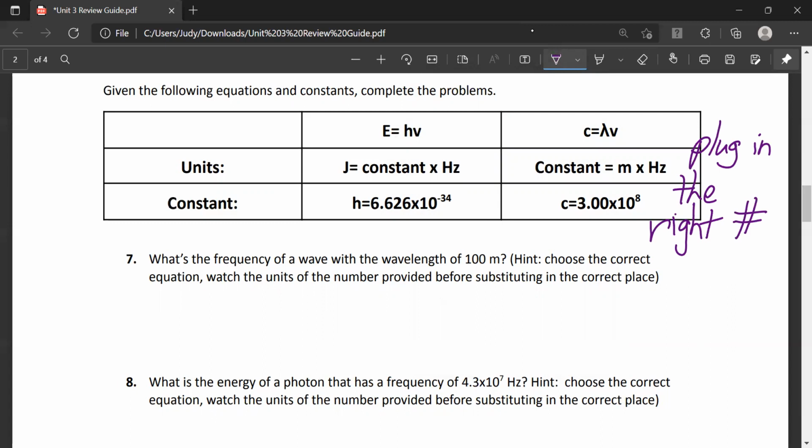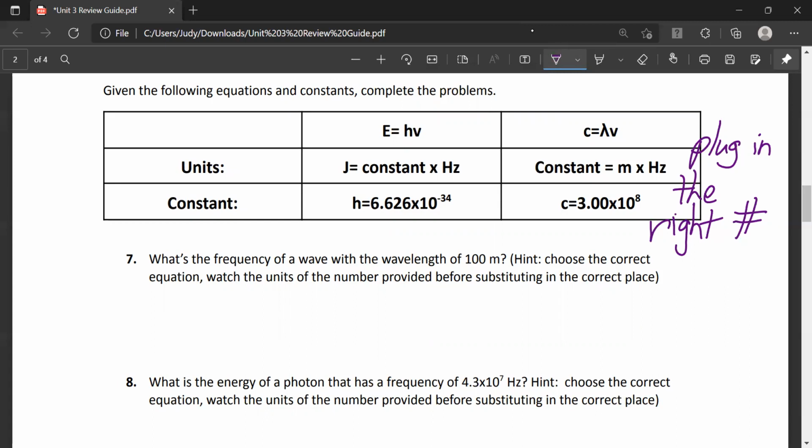All you got to do is plug it in, solve for the missing variable, and get the answer. Whenever you're solving this question, I would like you to underline the important facts so you know which equations you will use. I'll provide the equation and the constant numbers in class so that you can use that to your advantage on the test.